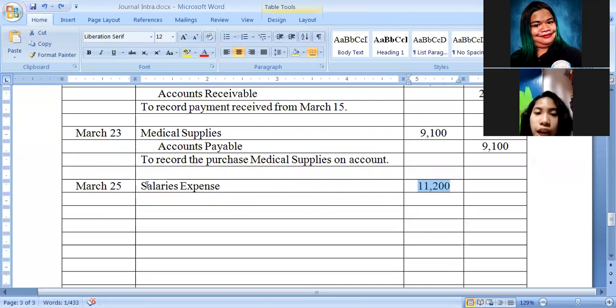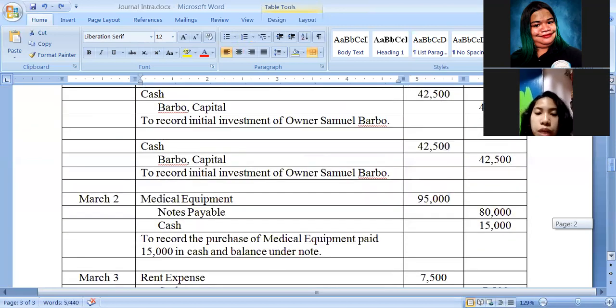Then ato ang i-credit ang cash kay nakuhaan man ato ang asset nga cash tungod sa nabayad nato sa salaries expense in the same amount of 11,200. It is to record the payments of salaries. Now let's proceed on March 26.